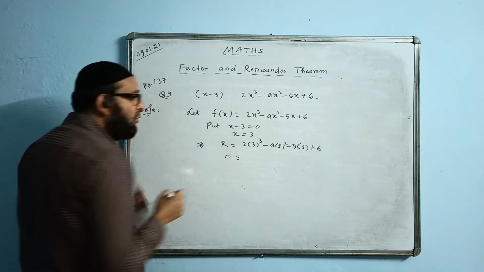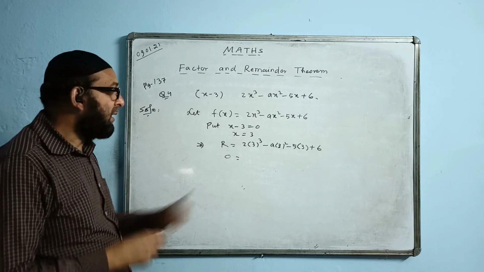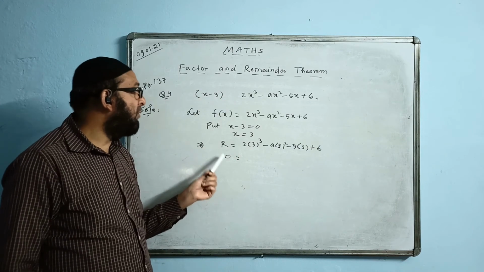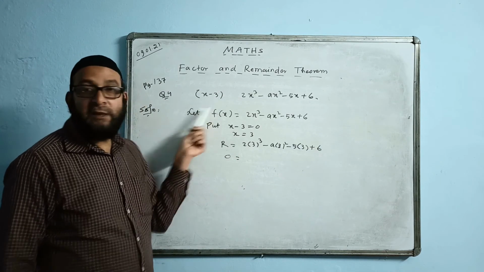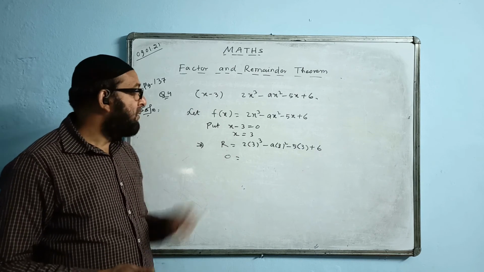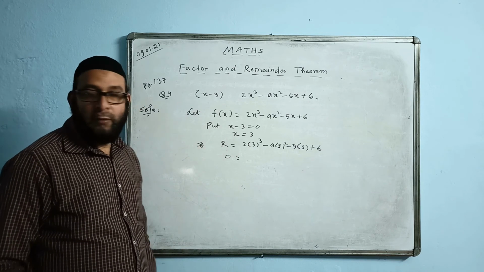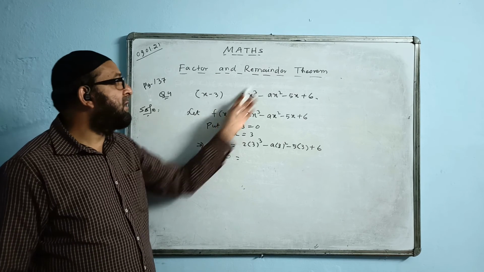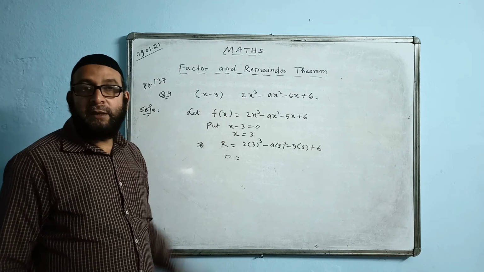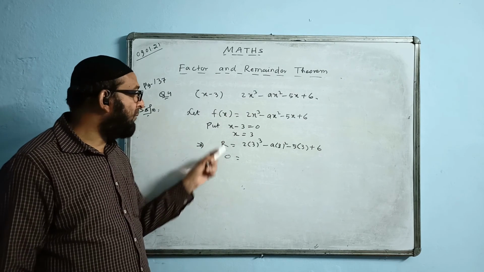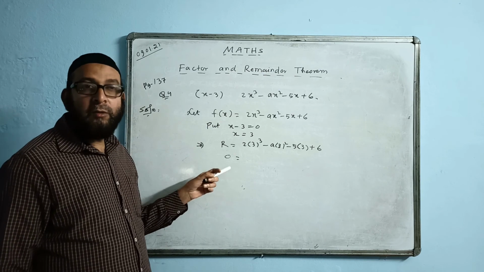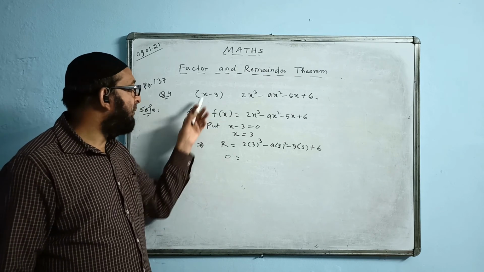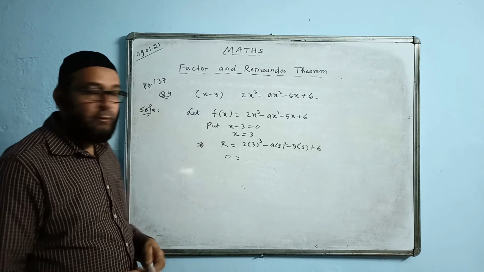The remainder value will be 0. Why is 0? Because x minus 3 is the factor, they are saying factor. So a factor will give the remainder value 0. If they say when this expression is divided by x minus 3 the remainder is 2, then we will put the remainder as 2. But just now it is a factor, so the remainder becomes 0.